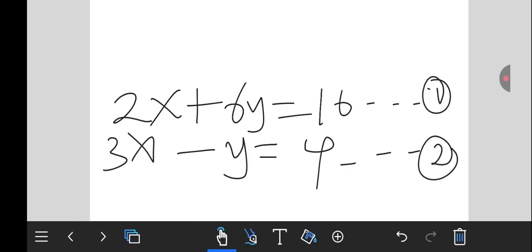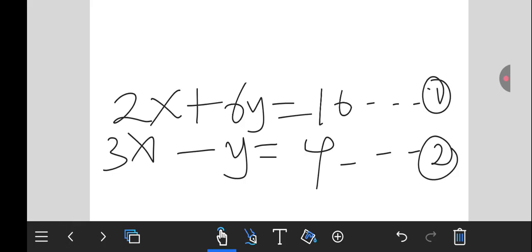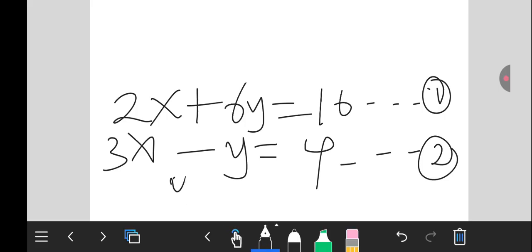Yes, let me check the equation again. We made y equal to 3x minus 4, then we substituted it here.